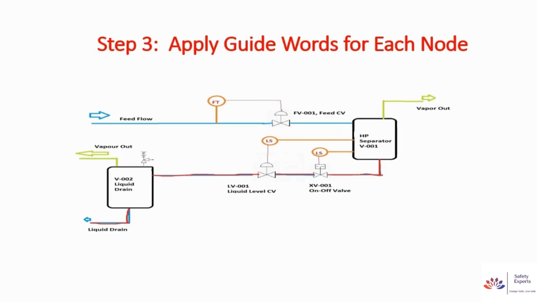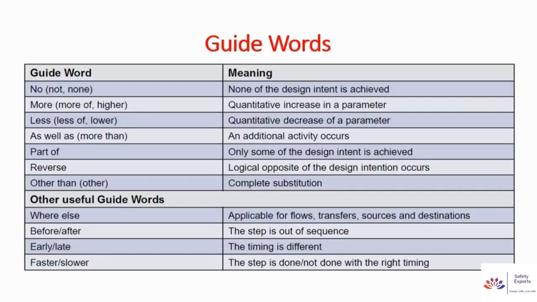Now apply guide words. As we have learned in the steps of the HAZOP study, there are a couple of guide words that are added to the parameter to know the type of deviation that can occur. So what are these guide words? These can be no, more, less, as well as part of, reverse, other than.